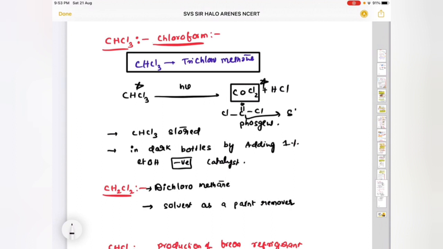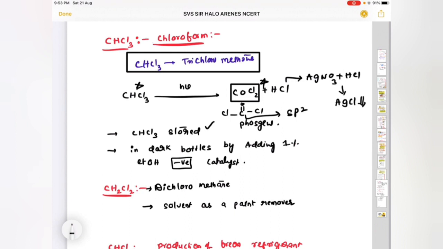Here carbon is sp2 hybridized. So before using as anesthesia, we have to test the purity of chloroform using AgNO3. AgNO3 reacts with HCl, and we get a white precipitate of AgCl. If you get AgCl, it indicates there is a poisonous gas.